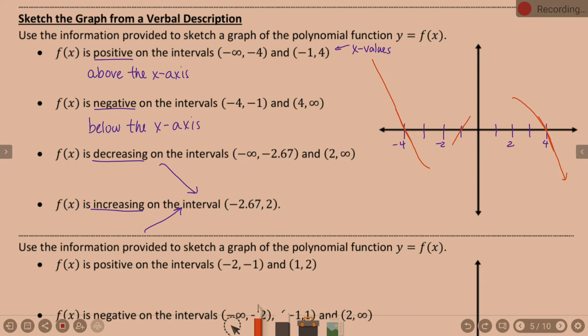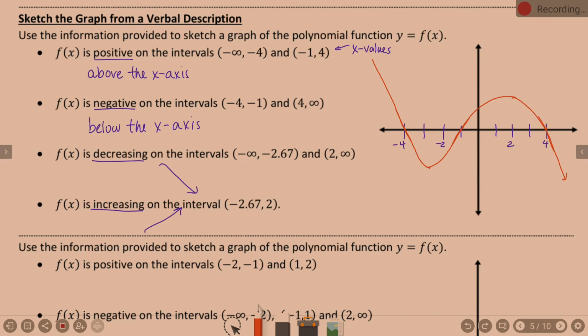Now, does this make sense with our last clue? Increasing from negative 2.67 to 2. Well, at negative 2.67, didn't I just stop decreasing here? And we're supposed to be increasing all the way over to 2. Okay.